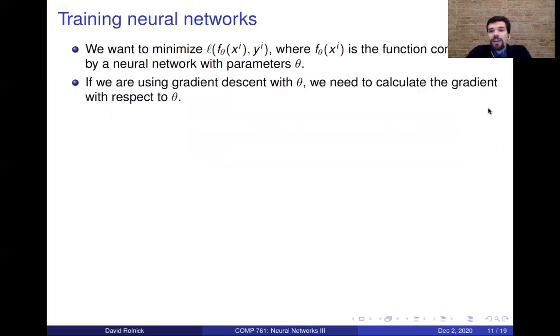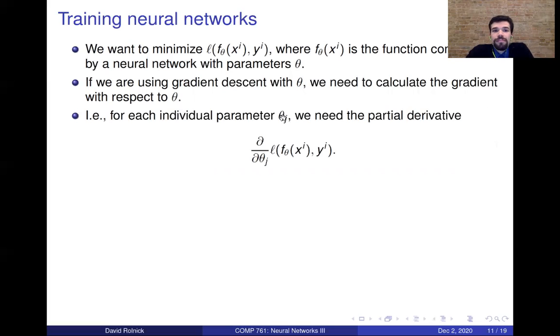So that means we need to calculate the gradient with respect to theta. And that means we need to calculate the partial derivative of this with respect to each particular parameter theta j in our vector theta. Okay, so let's see how we can do that.